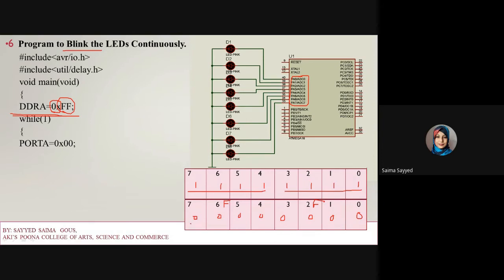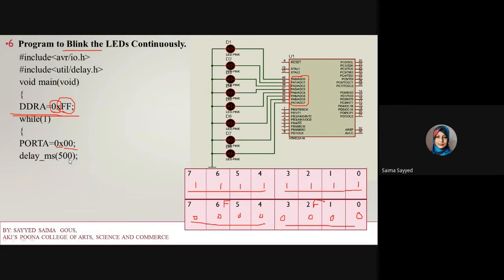This represents a hex number, so here it is equal to 0x00. Then after some time, we use delay_ms(500), which generates a 500 millisecond delay. We are not using any timer or built-in delay; we are just using a software delay.